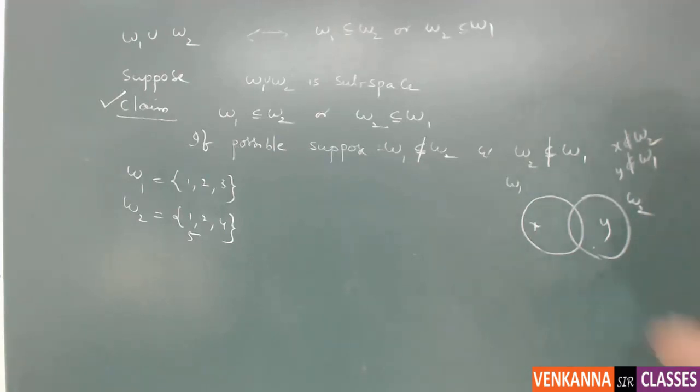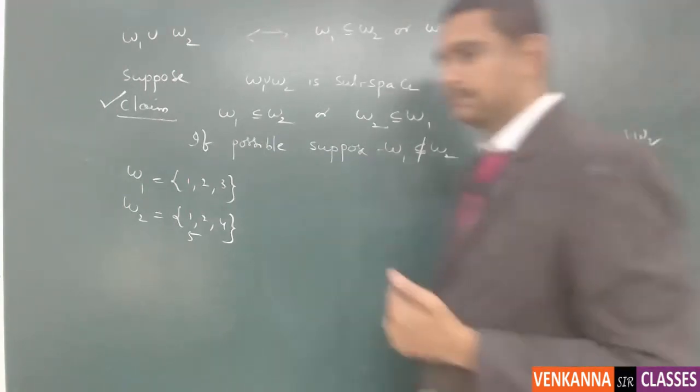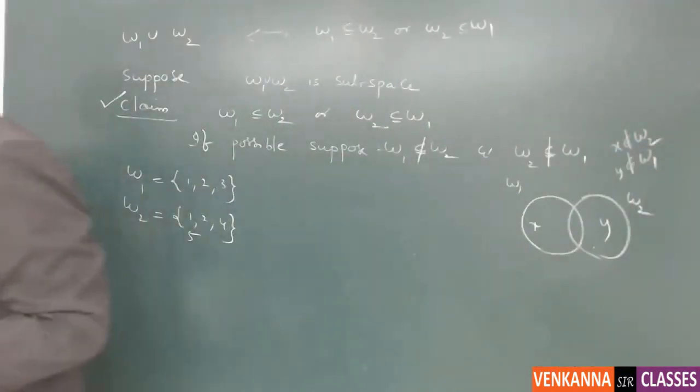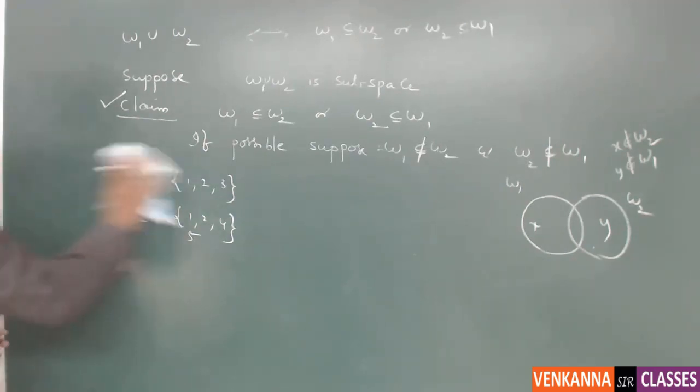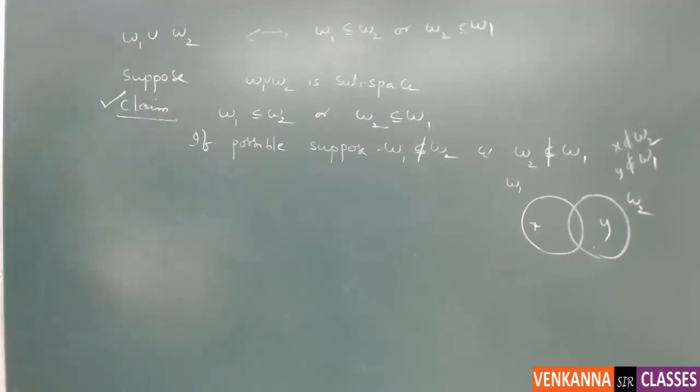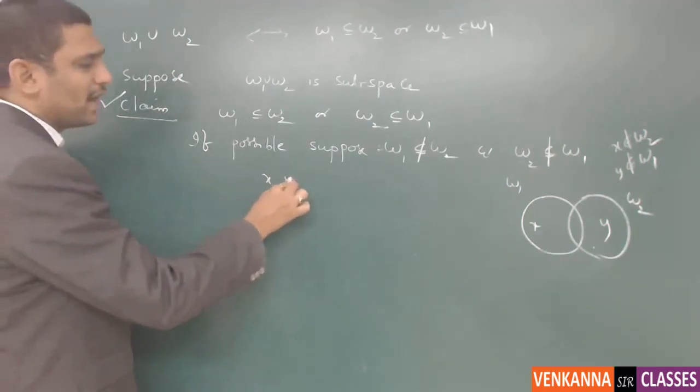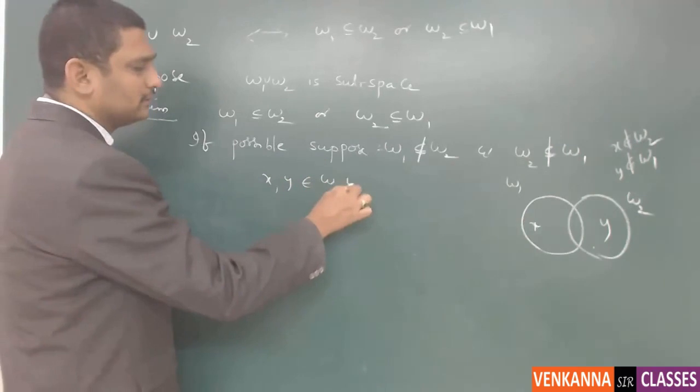But understand that these X and Y will belong to the union. Accepted? Yes or no? If you take any element in one set, that by default belongs to the whole union. So you can say that X and Y will belong to the union.